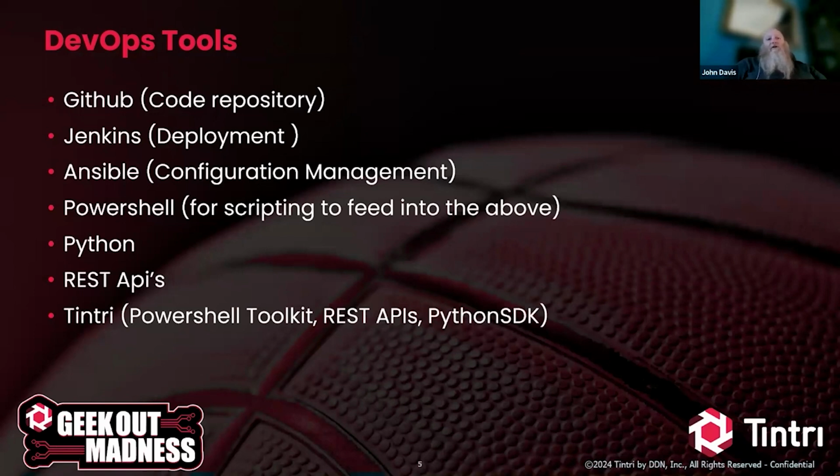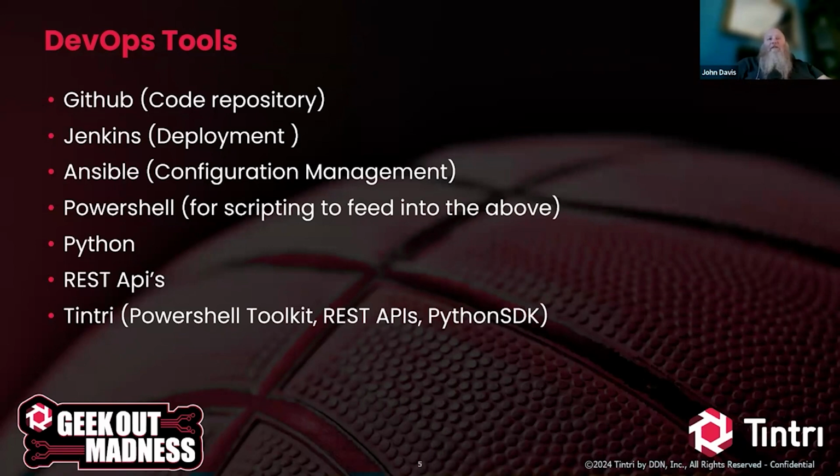If I check my code into GitHub, it can generate an event that tells Jenkins to go out and build an environment to do an install. And Ansible might do the configuration of that. And within that, I might run a PowerShell script that does a bunch of stuff within the VMs or run Python to basically make that available.